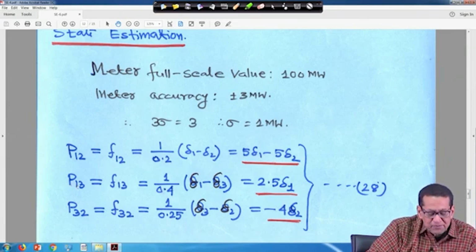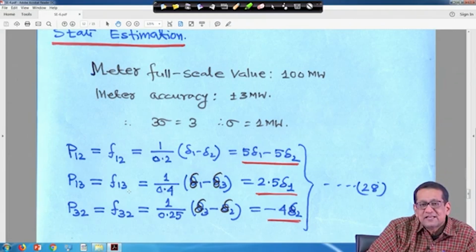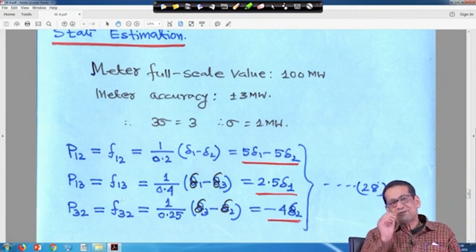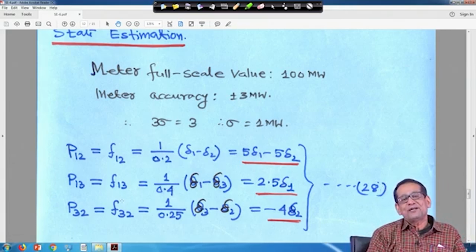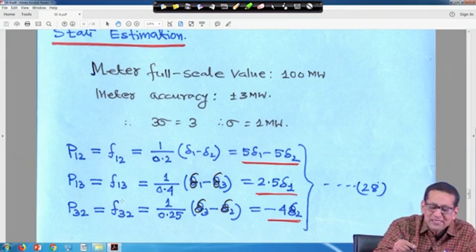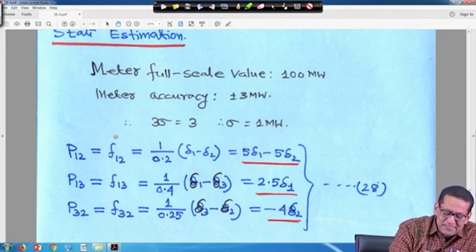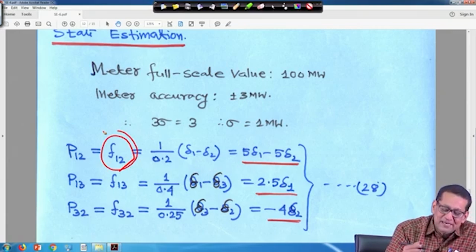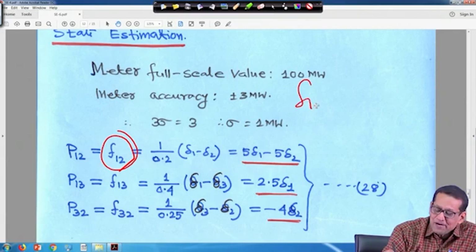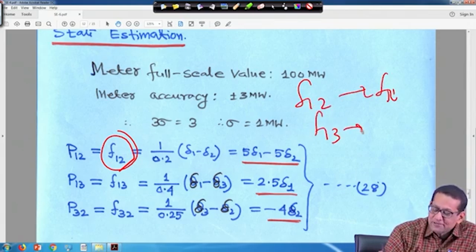Similarly, the power flowing in line 1-3, that is P13, is nothing but F13. In the mathematics it was Fi or F1, F2 up to Fnm. But when you are solving the problem, actually it is F1 to F3. That means if you define like this, F12 is line 1, that is F1. F13 you define as line 2, that is F2.